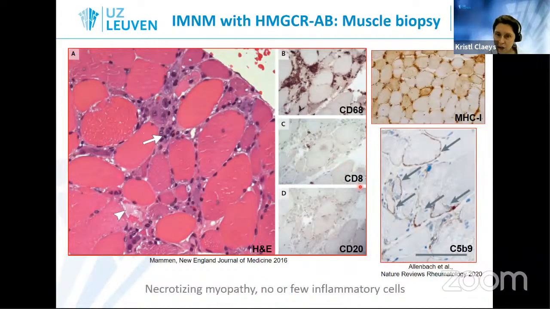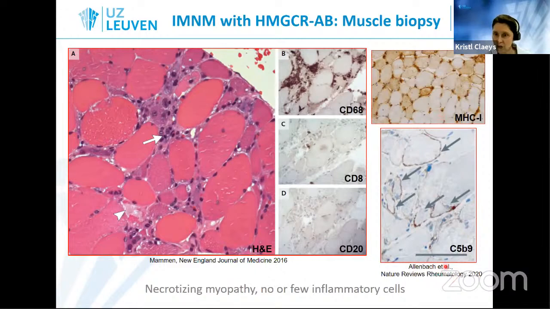If we use markers against lymphocytes like CD8 or CD20, we don't see inflammatory cells staining. We do see an intensive staining with MHC1, where you can see the dark brown fibers and membranes staining positive, meaning that there is an inflammatory process going on.